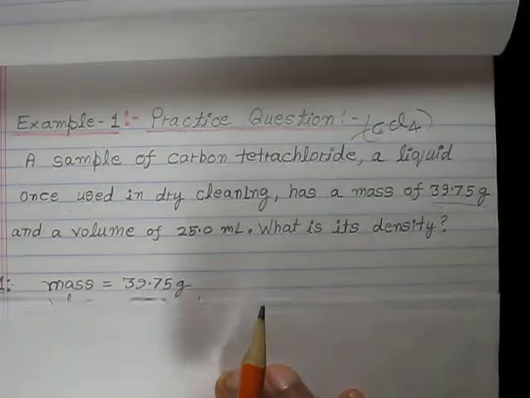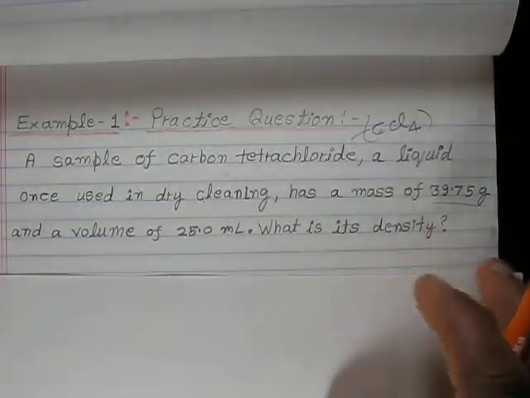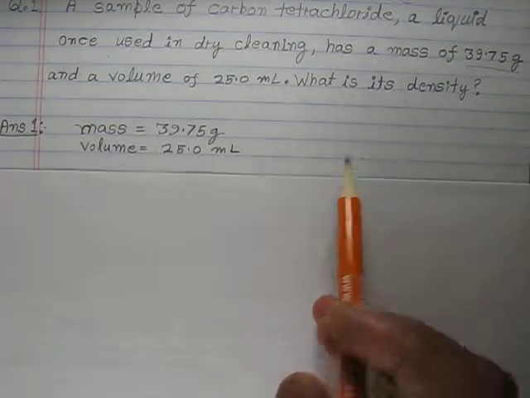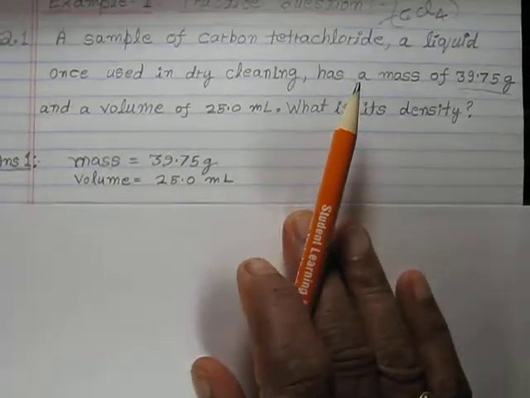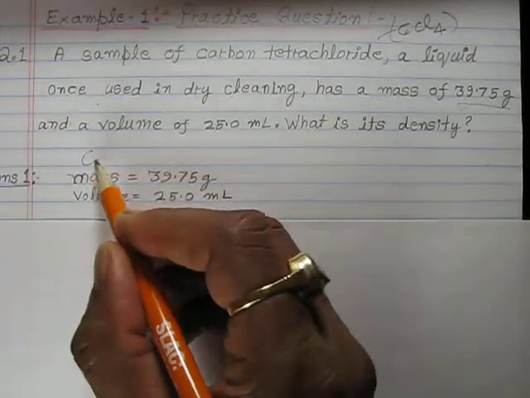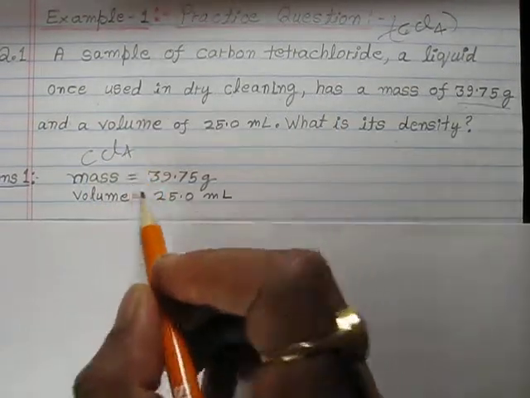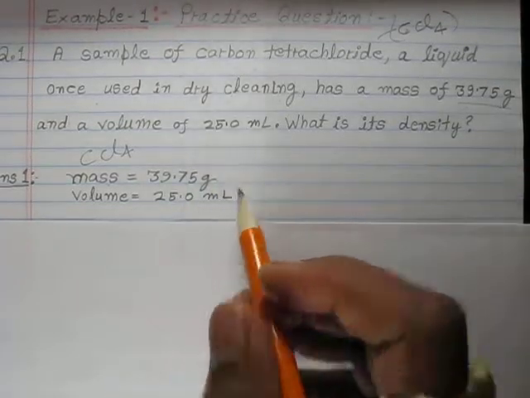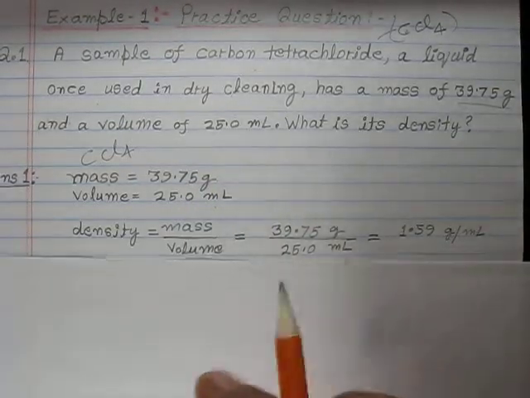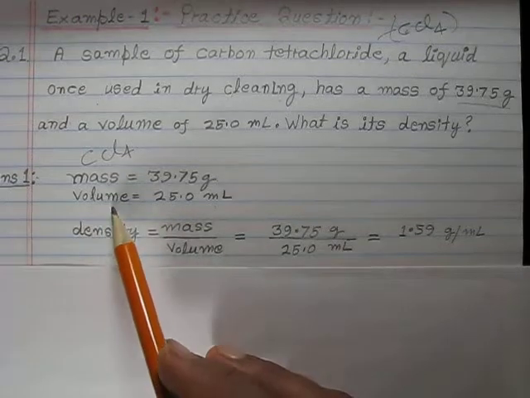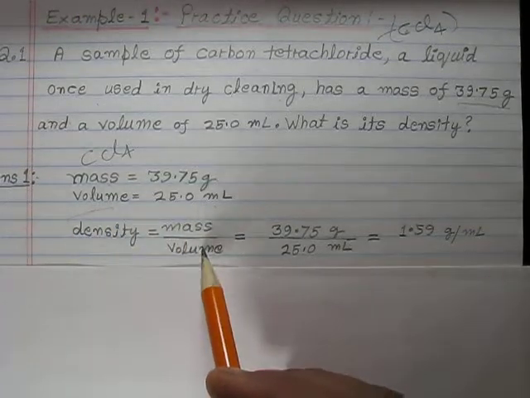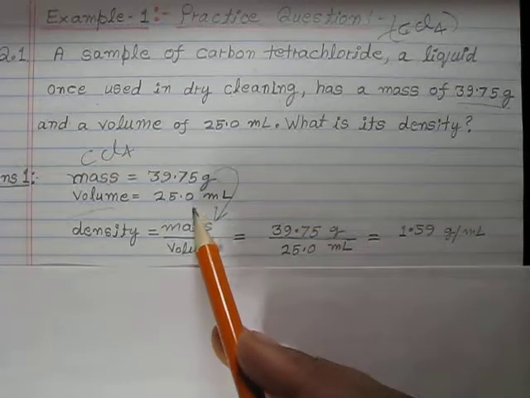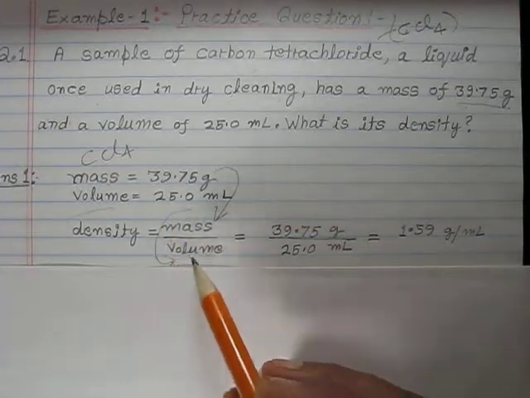So how will we calculate? First we have to find out what values are given in the question. So the mass of the CCl4 is 39.75 gram and the volume is 25 ml, and we know the density is equal to mass over volume, so we can just replace these values.